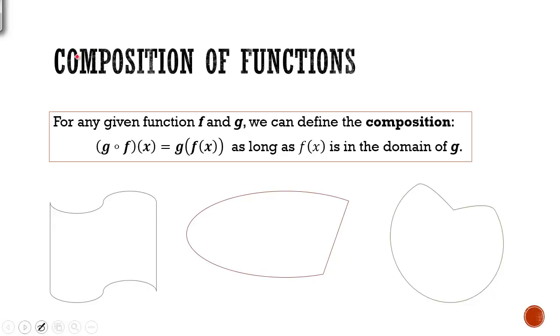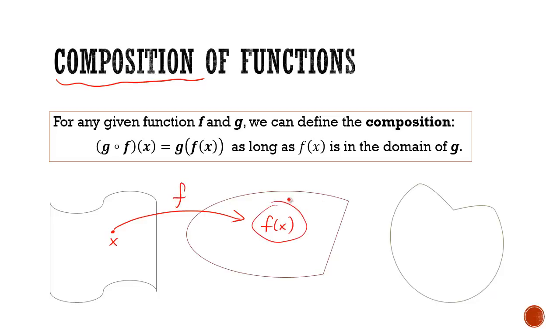Further, other than adding and subtracting polynomial functions, we can compose them. This means one goes into the other. So if we have function f, which brings, say, an input x to becoming f of x, so that's function f, then we could take that now as an input for function g, which then you'd have g taken of f of x.